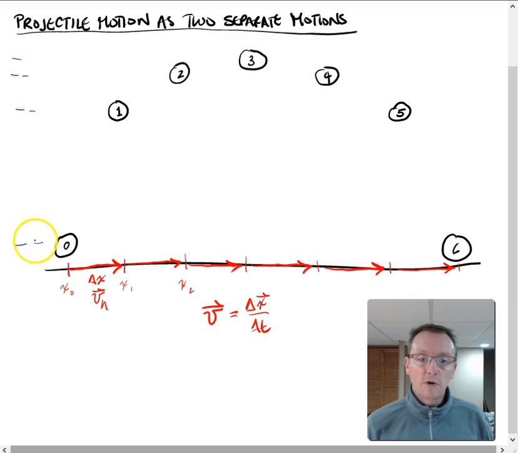Vertically, you can see that we have some positions that are related as we go across. So this is your, say, y sub 0, and this is your y sub 6. This is your y sub 1, and this is your y sub 5. This is your y sub 2. This is your y sub 4, and this is your y sub 3.